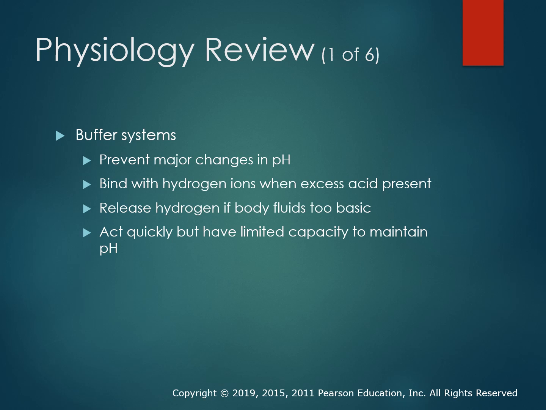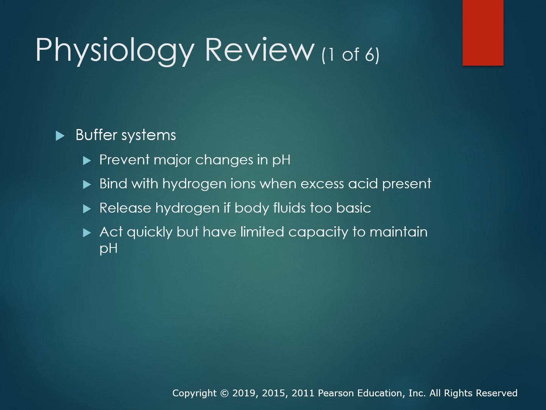If body fluids become too basic or too alkaline, buffers then release hydrogen ions that restore the pH. Although buffers act within a fraction of a second, their capacity to maintain pH is limited. The body's major buffer systems are the bicarbonate-carbonic acid buffer system, the phosphate buffer system, and protein buffers.